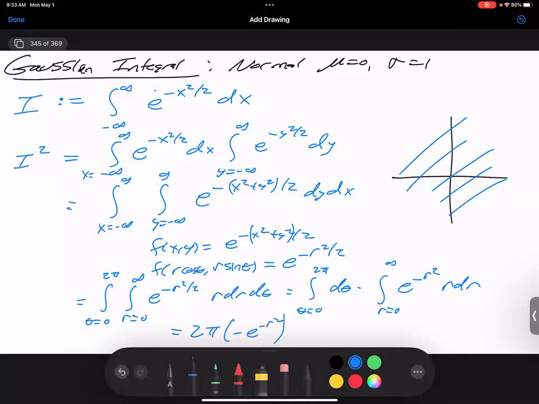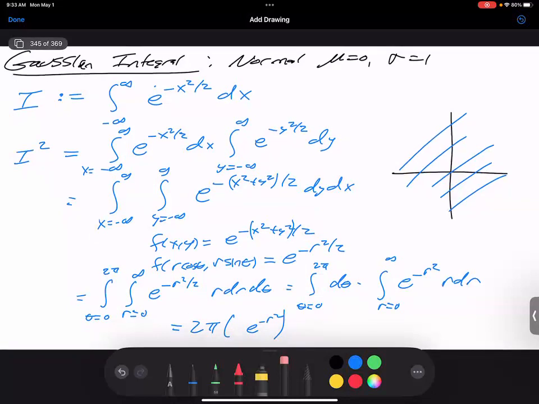You could do a u substitution. Let u equal r squared over 2, then du is going to be minus r dr. So actually, it's negative e to the negative r squared over 2, and then we evaluate this at 0 and infinity. So we just get that this is equal to 2 pi.